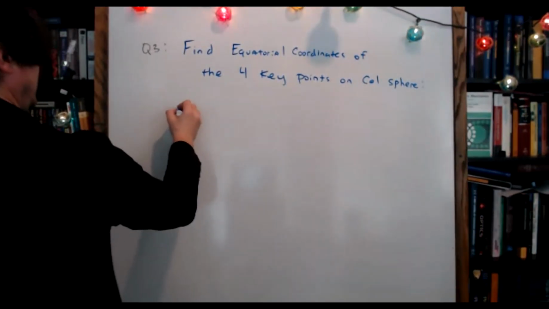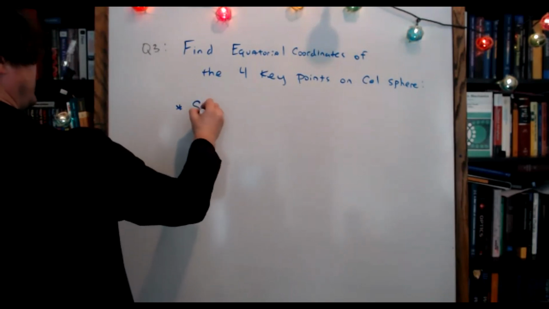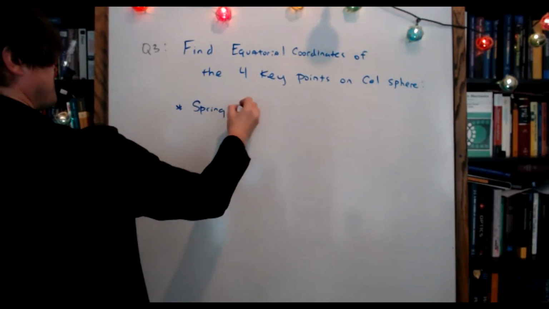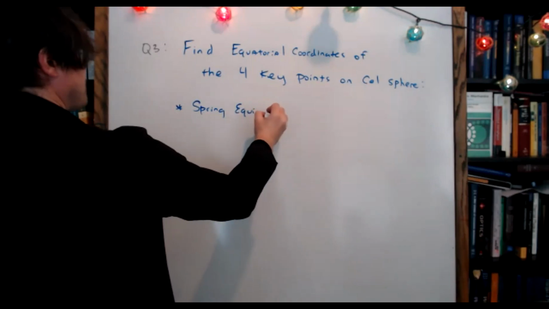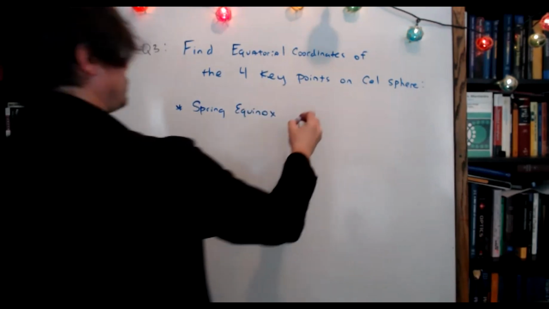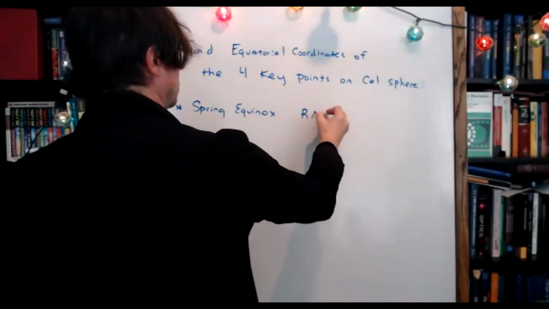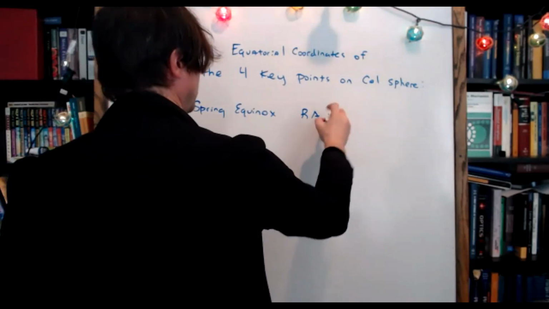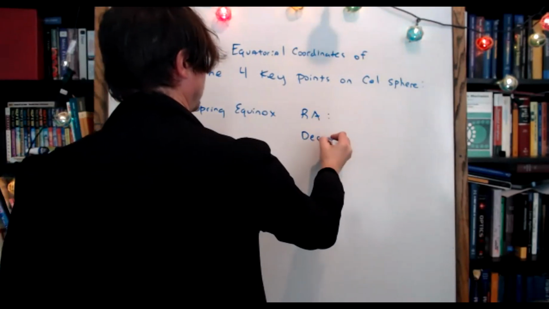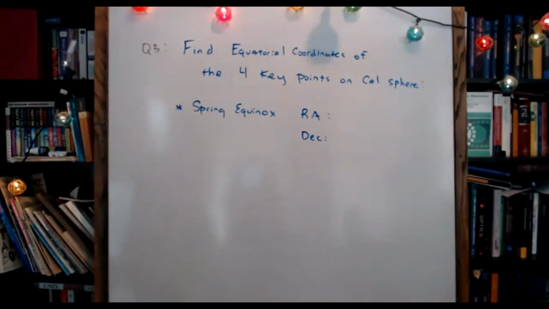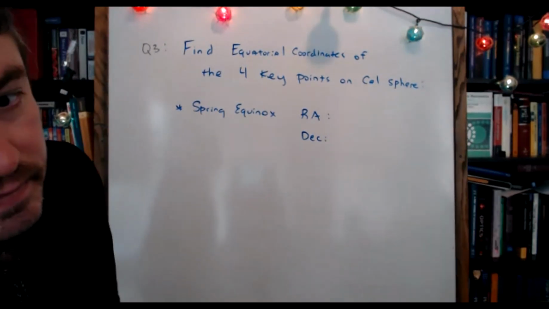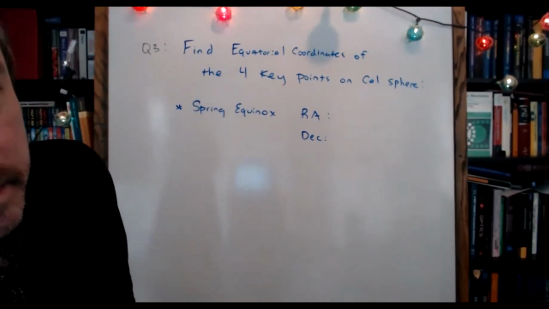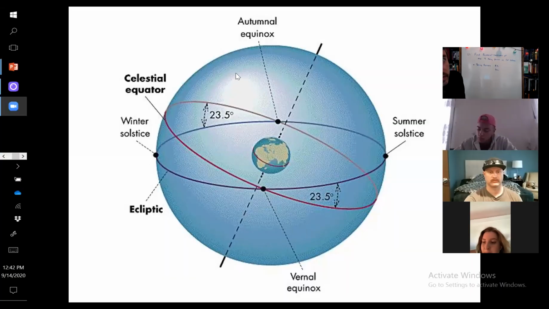So we'll start with the spring equinox. We have a right ascension and we have a declination. So let's start with the right ascension and declination here.